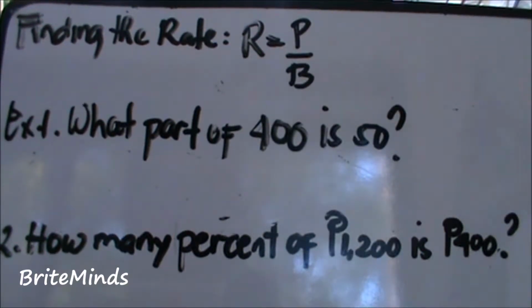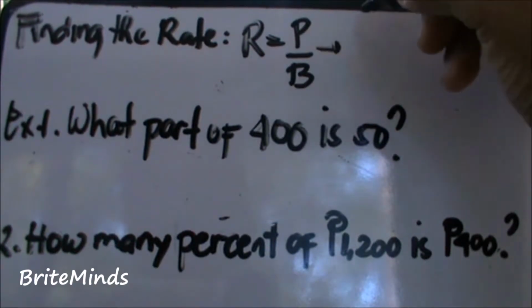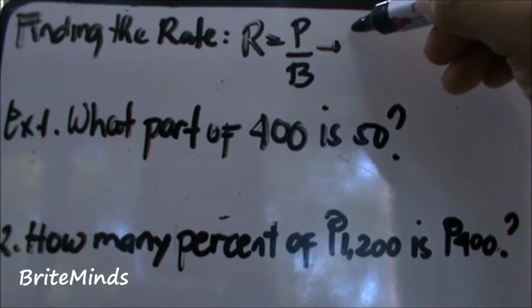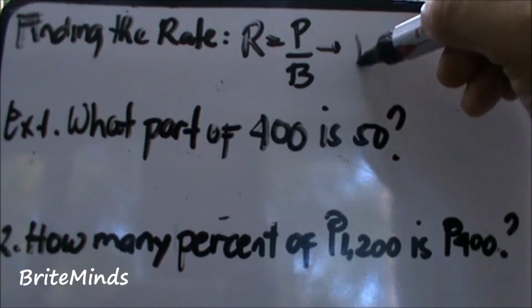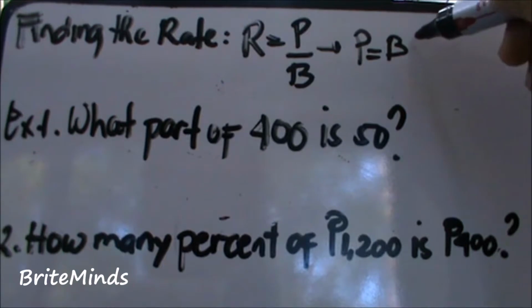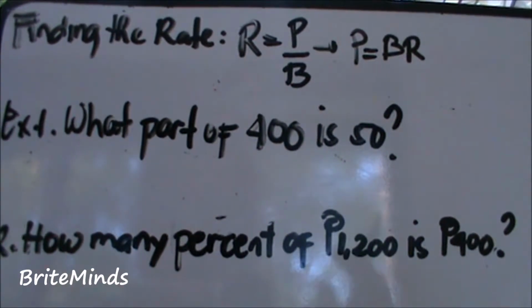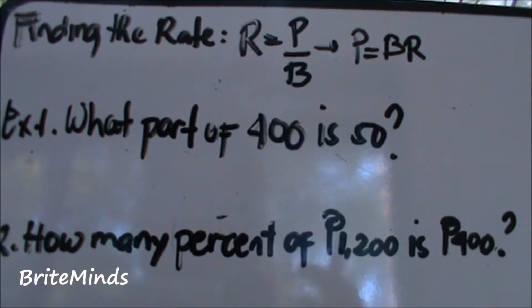This formula, once again guys, is derived from the basic formula of percentage equals base multiplied by rate. And also take note, rate can be expressed in percent, decimal, or fraction.